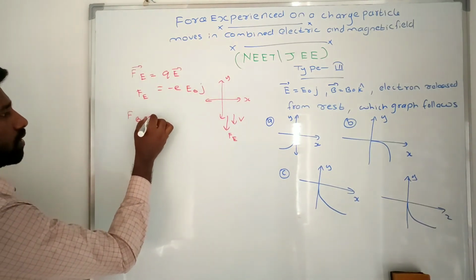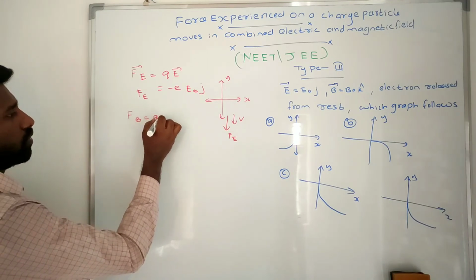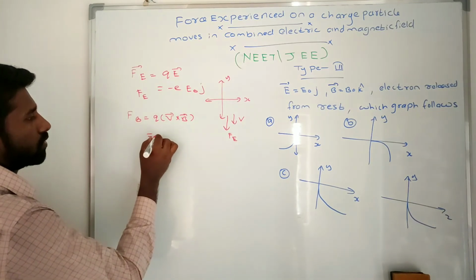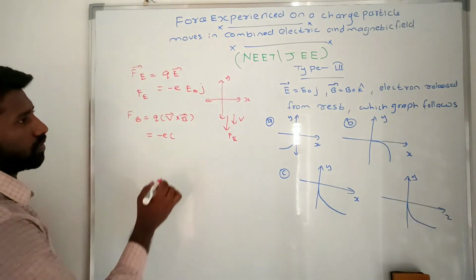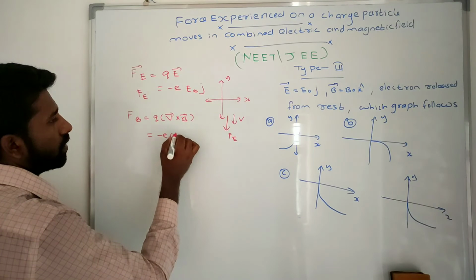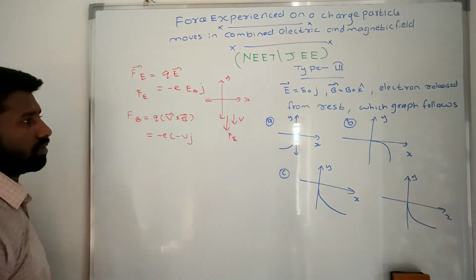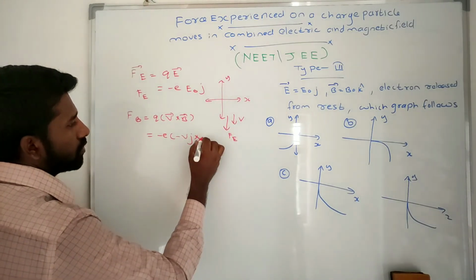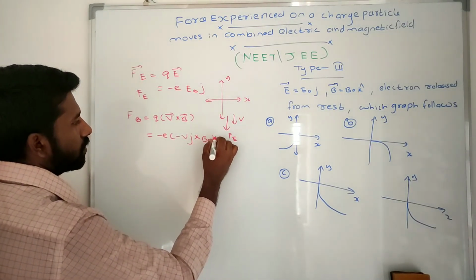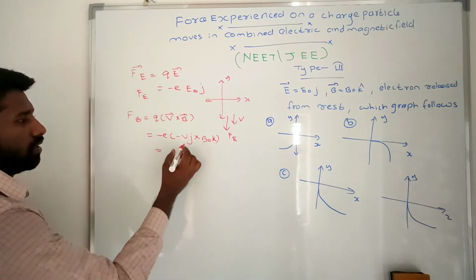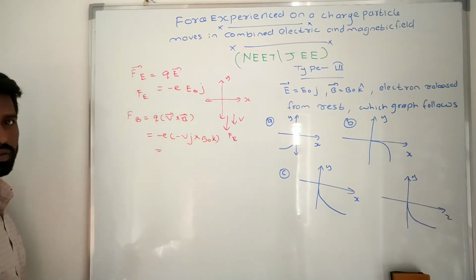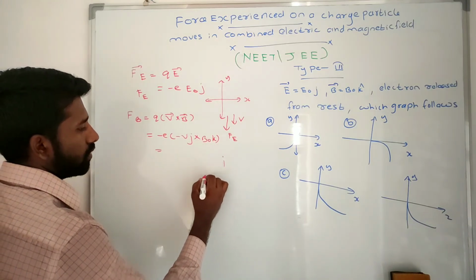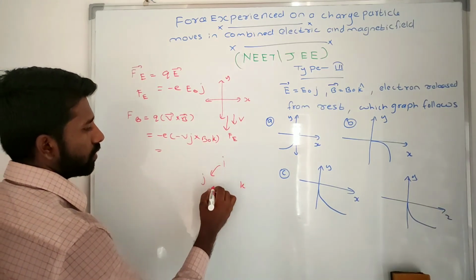The magnetic force is equal to Q into V cross B. Q is minus e, V is minus V j, I am taking the velocity as V into j, and B is B0 k. Here we get j cross k, which is i, going i, j, k this way.